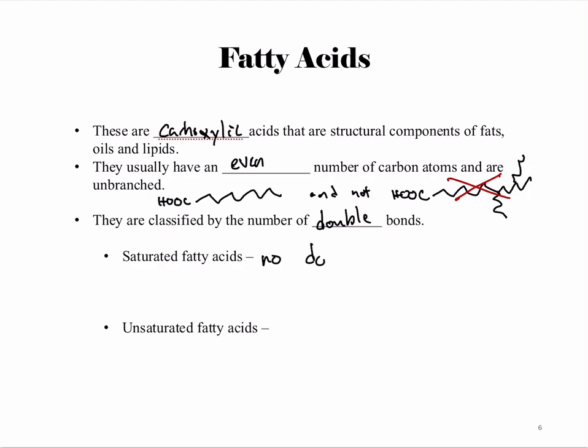So this would be no double bonds and only CH bonds, right? So these are simple lipids, so we're not going to have other odd functional groups to throw us off.